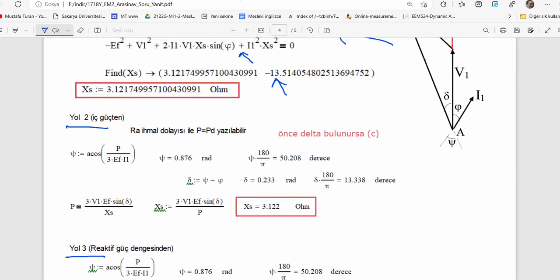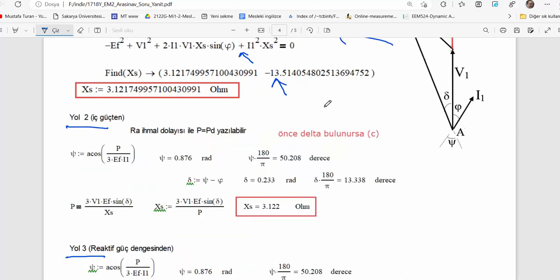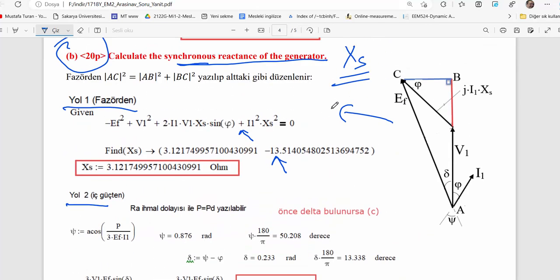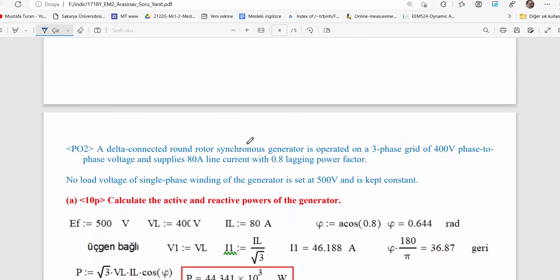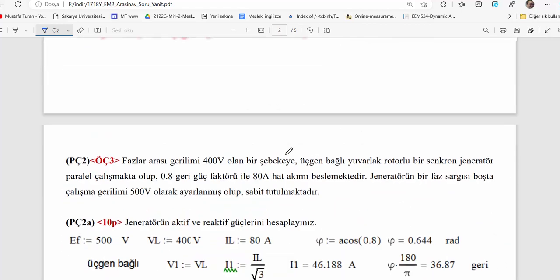Let's read the question again. A delta connected round rotor generator is operated blah blah. No load voltage. Something is missed in the question, not given. Possibly, perhaps in the Turkish version, I have missed something.